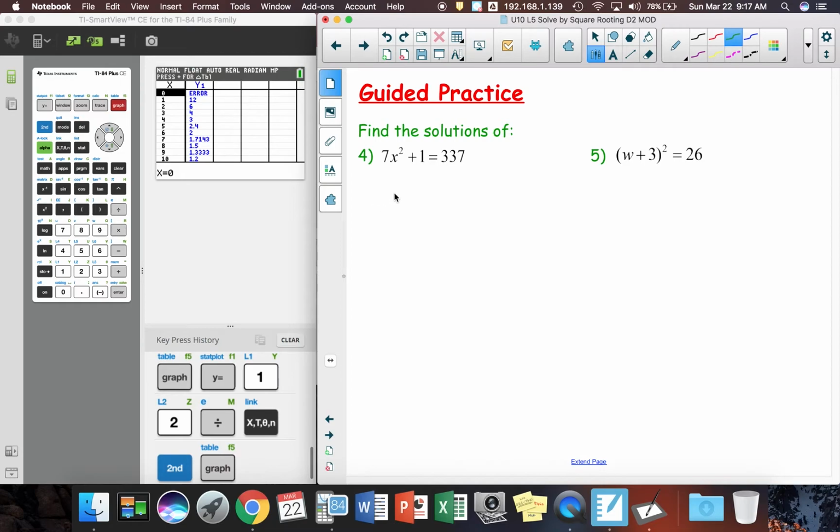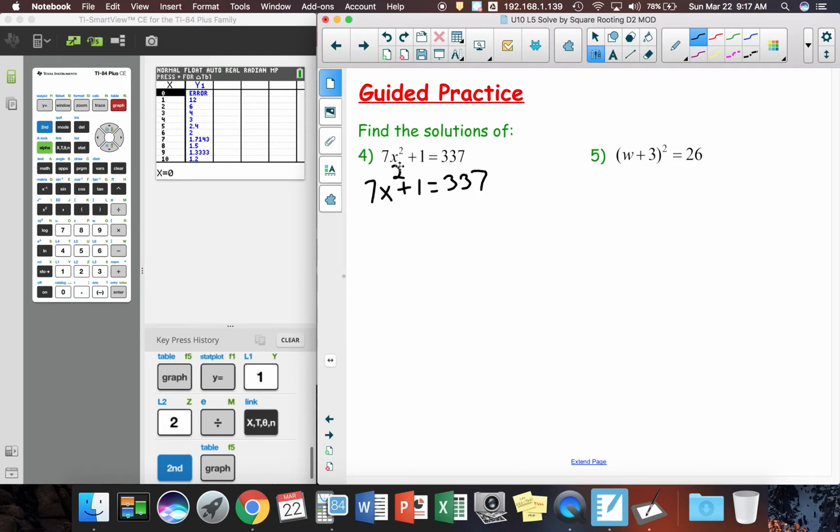So I'm going to rewrite this problem. Choose a different color. 7x squared plus 1 equals 337. Okay. So first things first, I have to get x squared by itself.